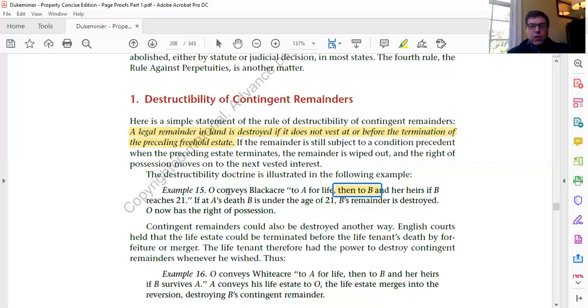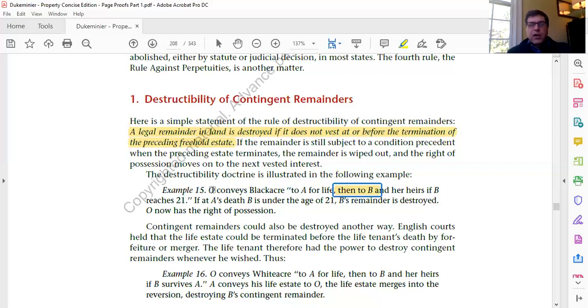Now, notice there's one other future interest created by O's conveyance that we haven't mentioned yet, and that comes from applying Professor Syme's formula to identify the existence of a reversion. Professor Syme says a reversion is an interest that exists when a grantor conveys a vested estate of a lesser quantum than the vested estate that the grantor had.